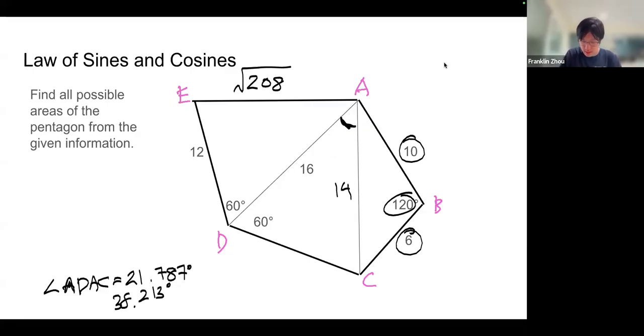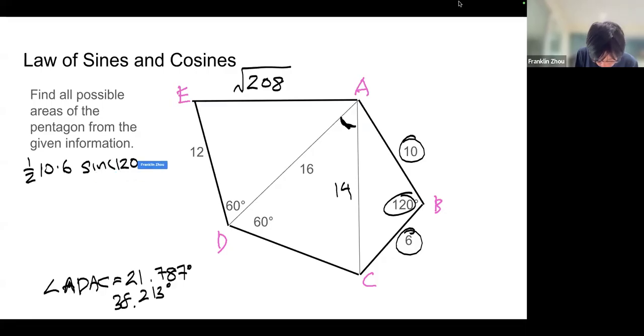With angle ABC, this is, and recall that the sine of 120 degrees is root 3 over 2. And this simplifies to 15 root 3.